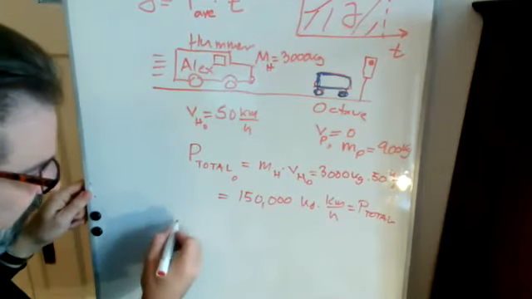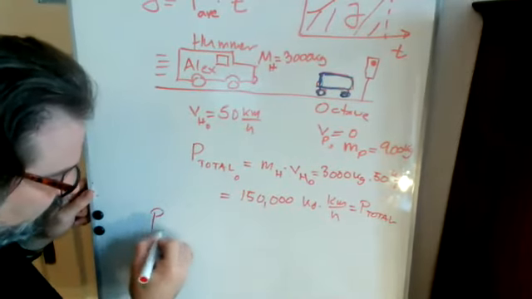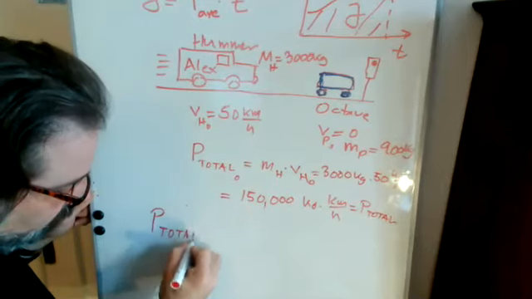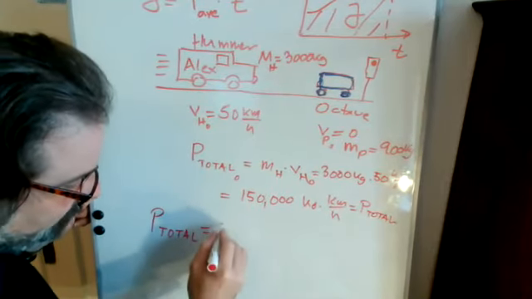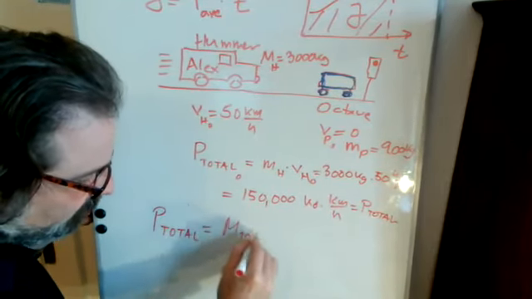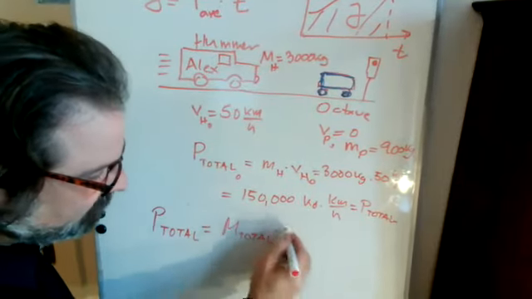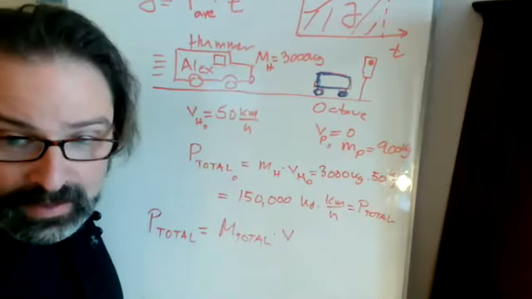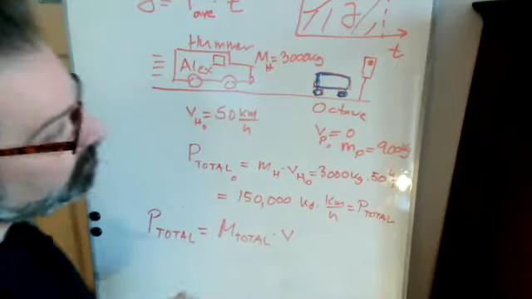And of course, afterwards, well, what do we have moving? Well, both. So this is now the total mass times the final speed. Two cars move together.